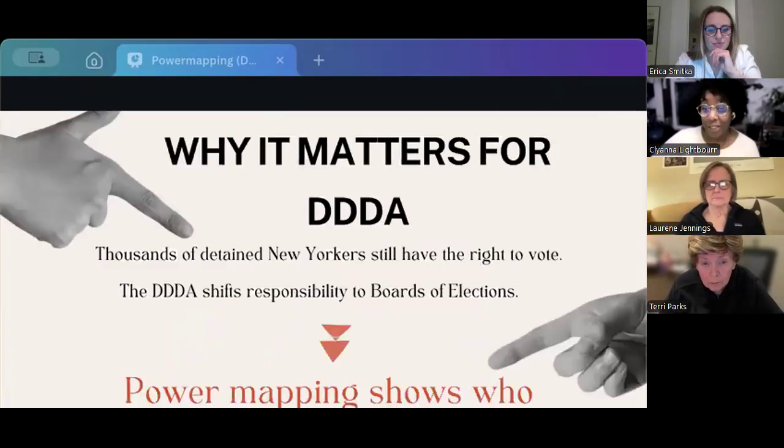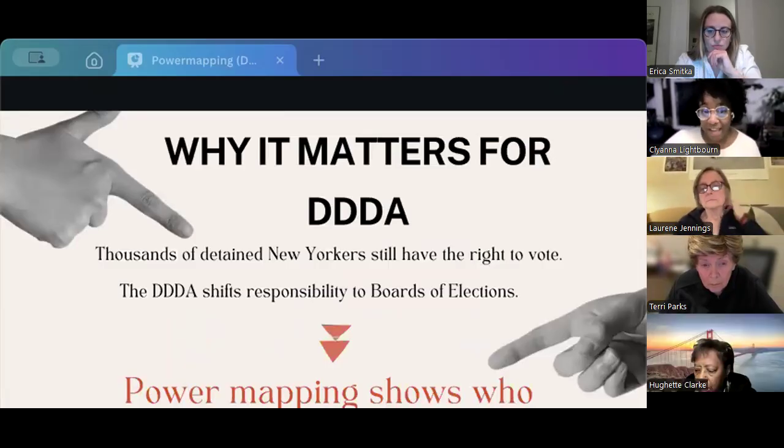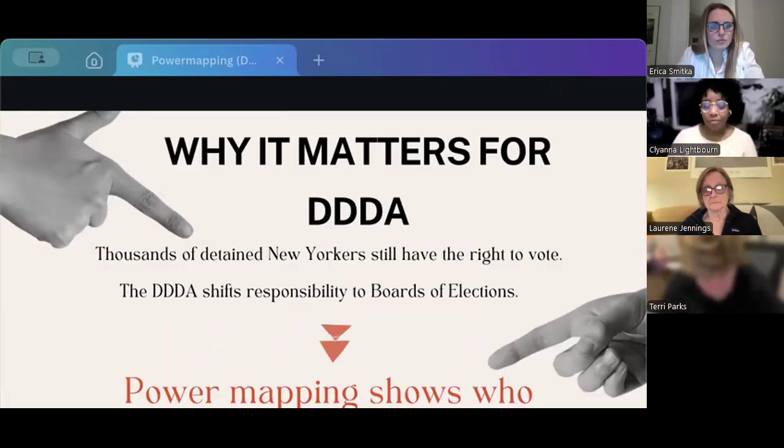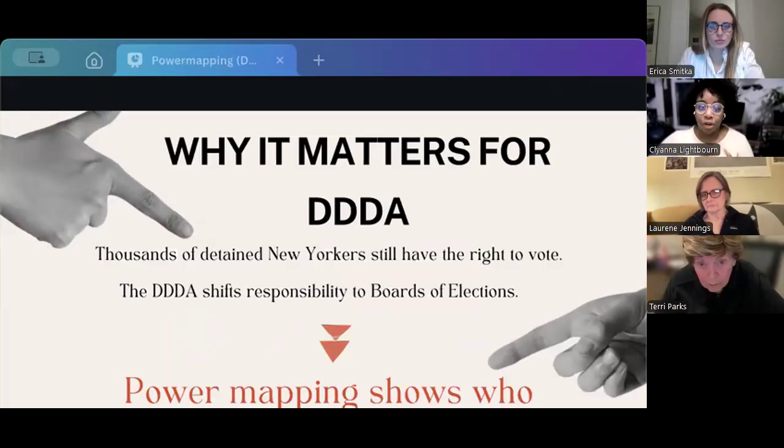So, why does this matter for our campaign? The Democracy During Detention Act is about democracy access, not jail reform. Right now, voting access inside jails depends on correction staff, people outside of the election system. The bill shifts that structural responsibility to boards of elections, which already serve in nursing homes and other congregate sites.